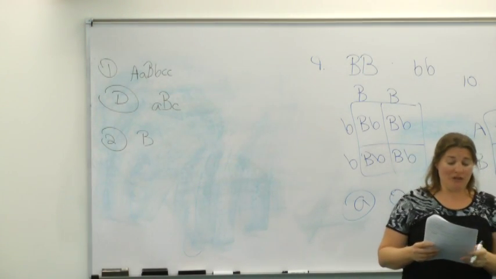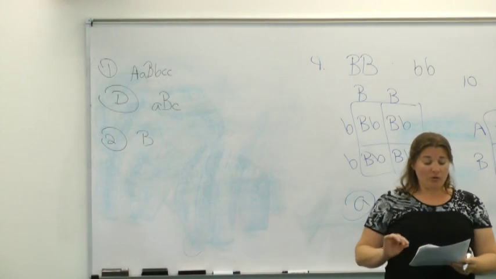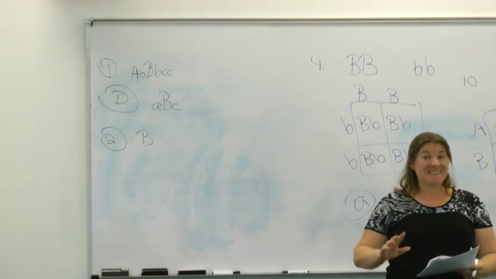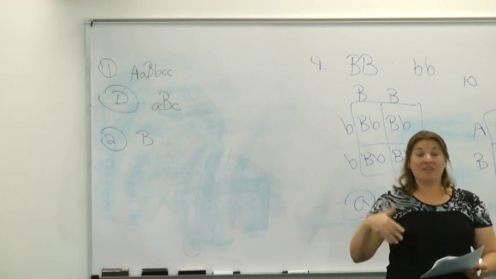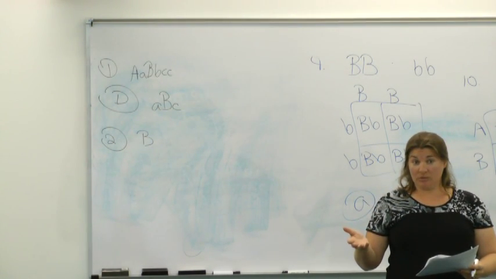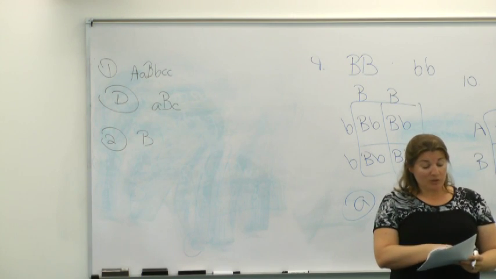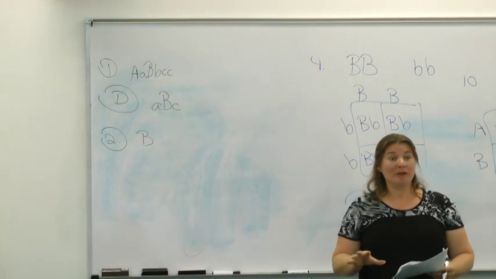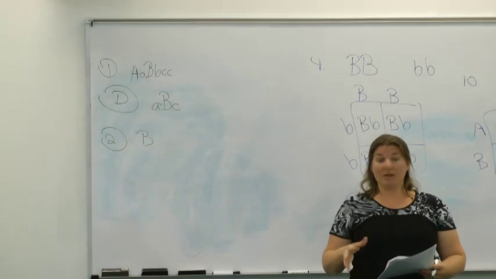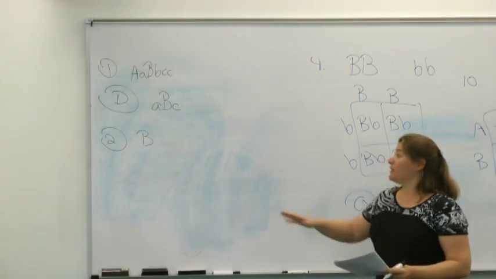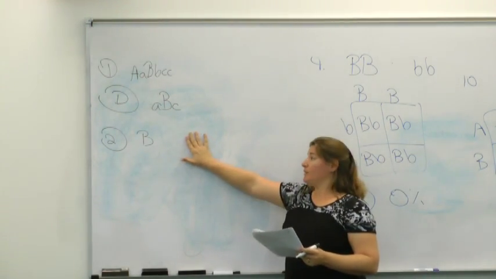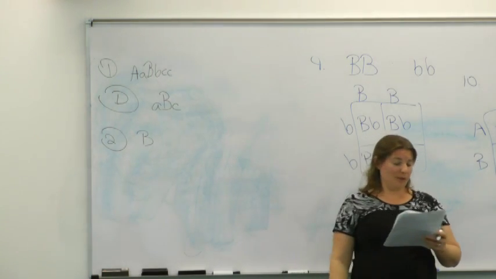But let me just tell you, if the question said the phenotype of an organism is its, then the answer would be appearance. Okay? But it says the phenotype of an organism is determined by, and so what determines the phenotype? The genotype. Okay, genotype, choice B.